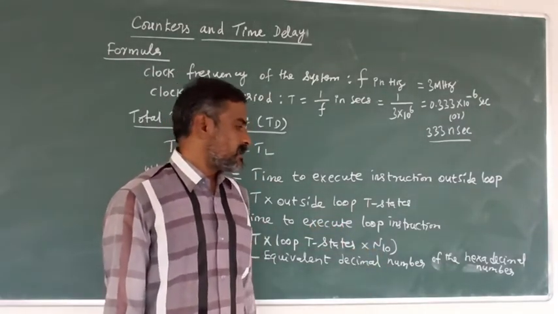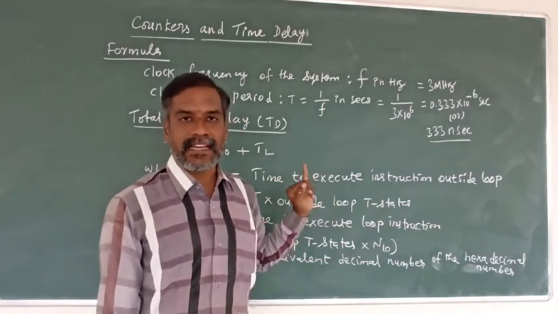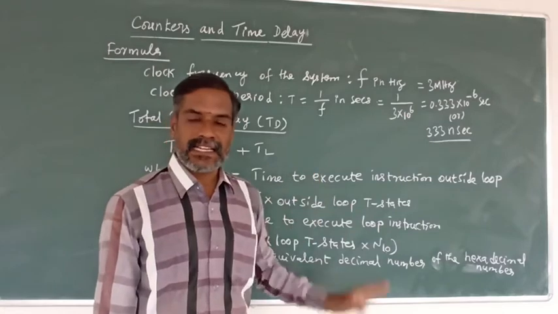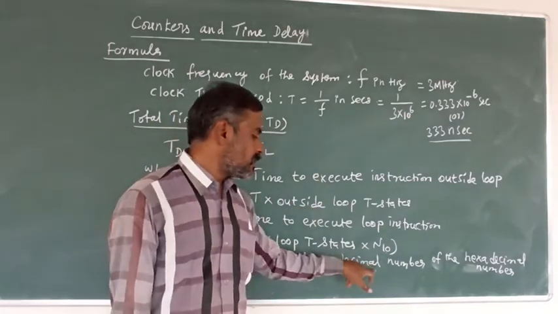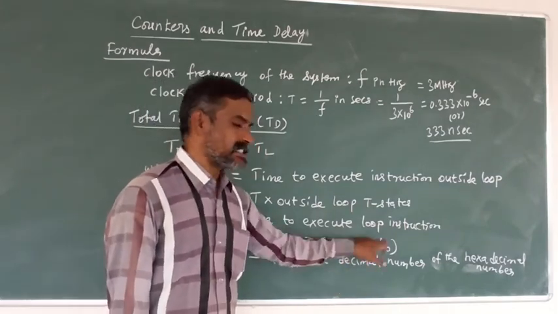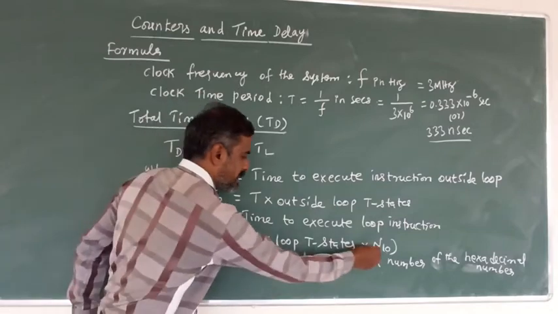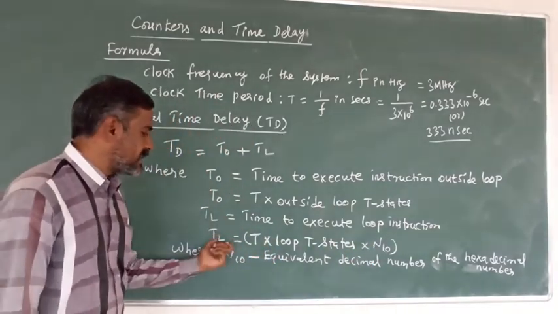The data loaded in the register or register pair is only in hexadecimal, and that hexadecimal value we have to convert into a decimal value. That is n base 10. Now multiply all the three, and we get the TL.